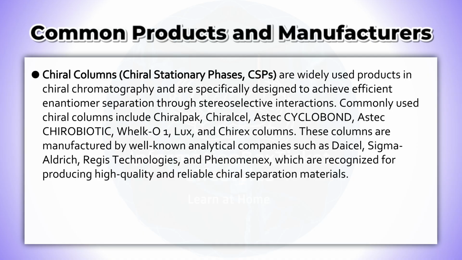Commonly used chiral columns include Chiralpak, Chiralcel, Astec Cyclobond, Astec Chirobiotic, Whelk-O 1, Lux, and Chirex columns. These columns are manufactured by well-known analytical companies such as Daicel, Sigma Aldrich, Regis Technologies, and Phenomenex, which are recognized for producing high-quality and reliable chiral separation materials.